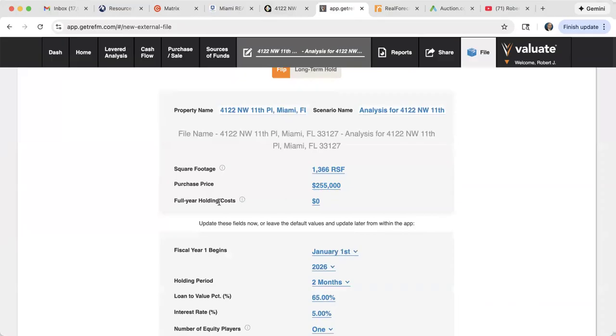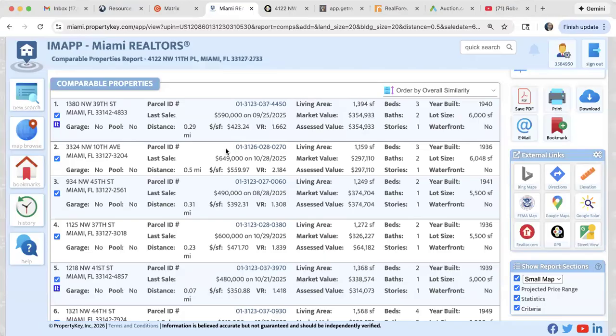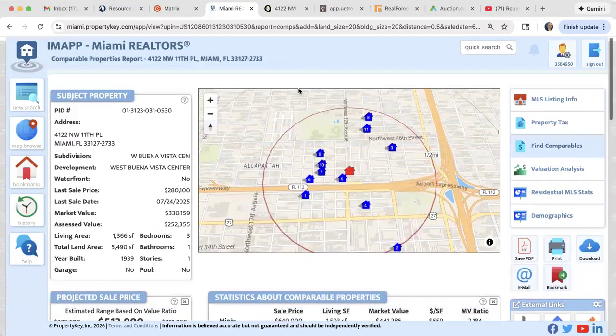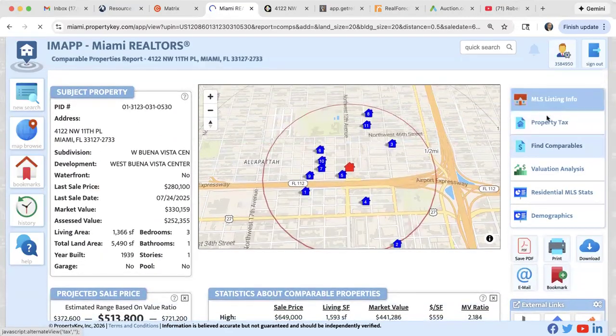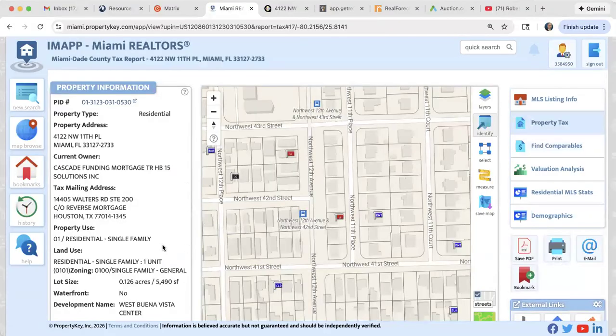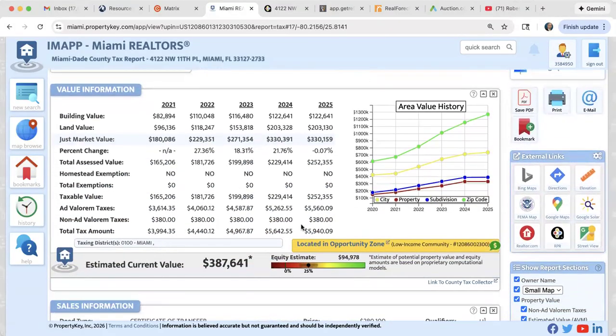Now we need to determine what would be the full year holding cost. So what is the cost for me to acquire the property and maintain it for an entire year? All right, so begin with taxes. If I go back to IMAP and we click on property tax, you're going to see that last year's taxes on the property were nearly $6,000.